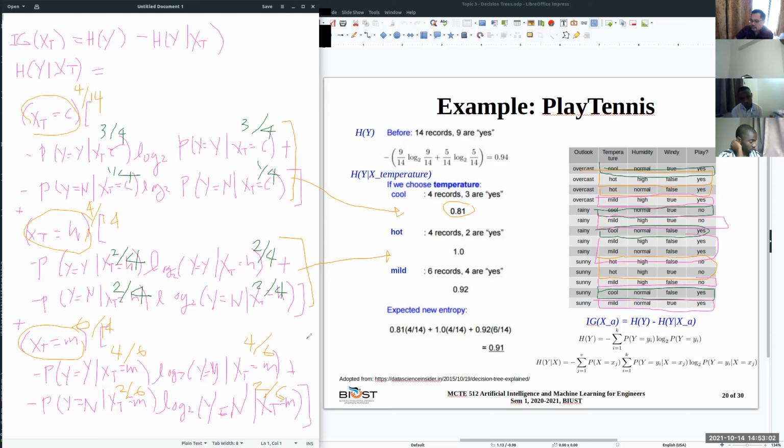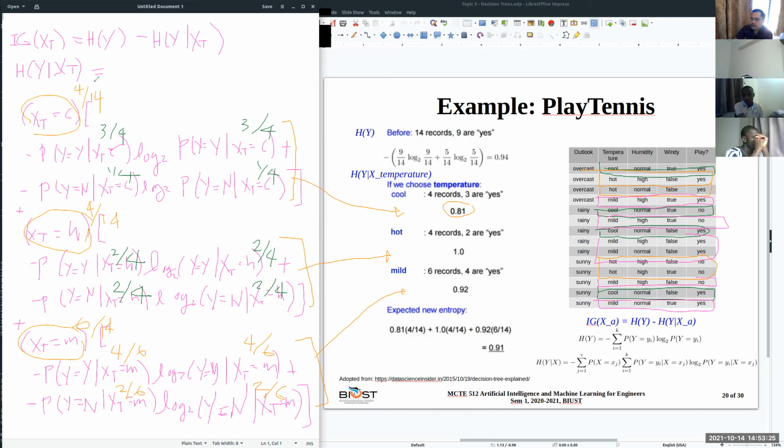That must be 1. And then this one is 0.92.